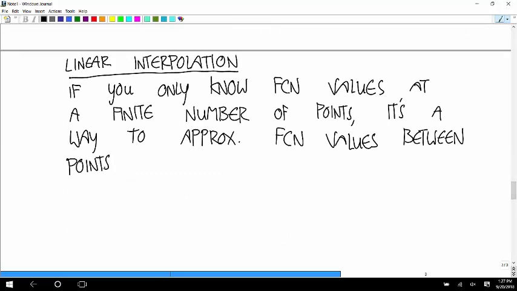And you can do it with any number of independent variables. For us, all that matters are one or two independent variables.